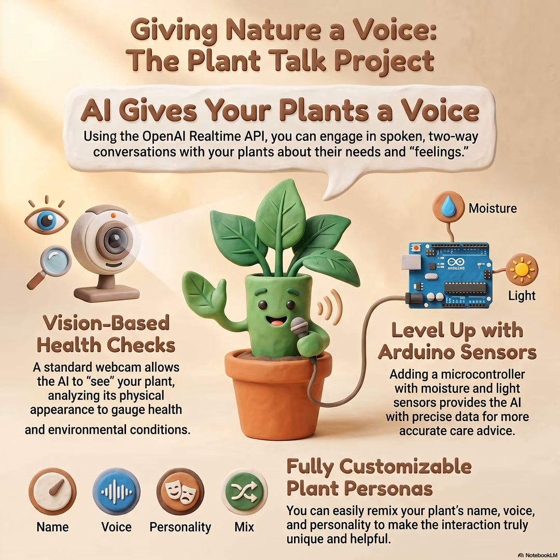Right. What if we could wire up an entire community garden or a greenhouse and have a conversation with an entire ecosystem? Oh, the possibilities are incredible. It could completely revolutionize how we nurture the natural world around us and build this deeply harmonious connection with nature. It is a beautiful vision for the future. It really is. Something for you to think about next time you water your plants.